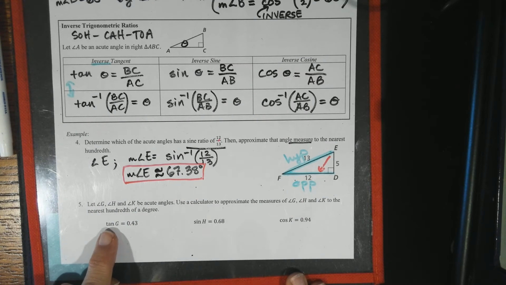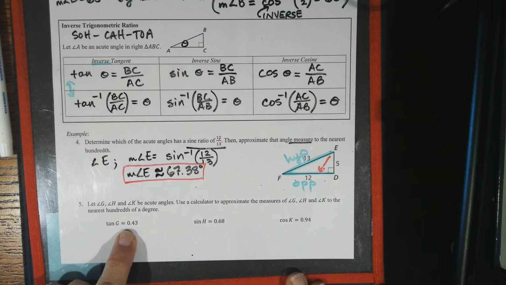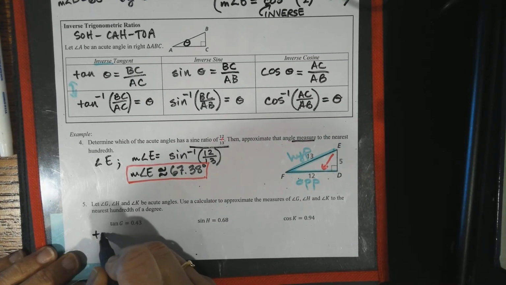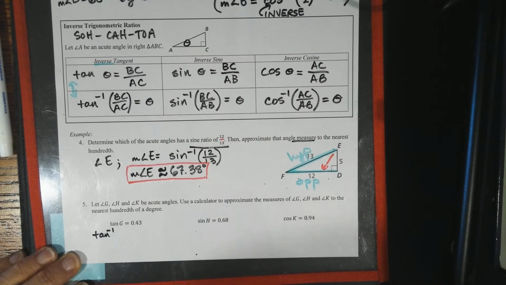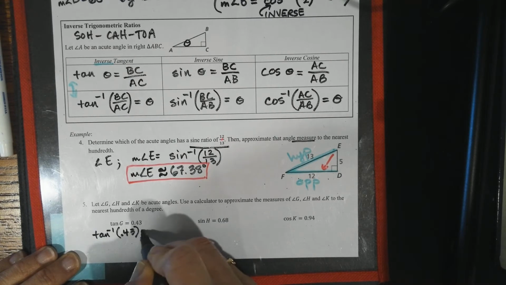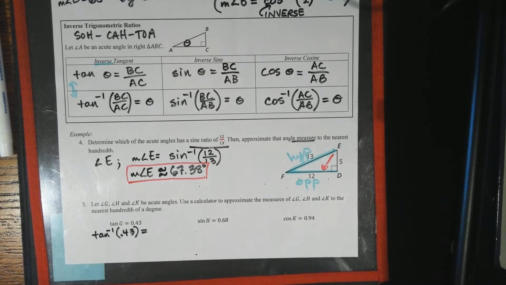So I have tangent of G equals 0.43. So the way you're going to do this is that you want the inverse tangent of 0.43, and that's going to equal your ratio.